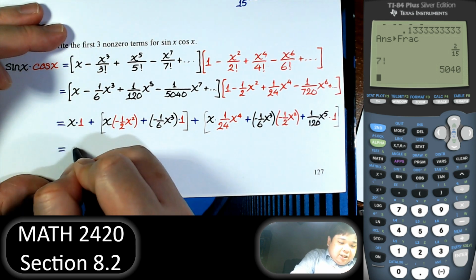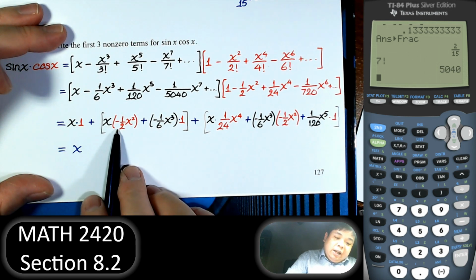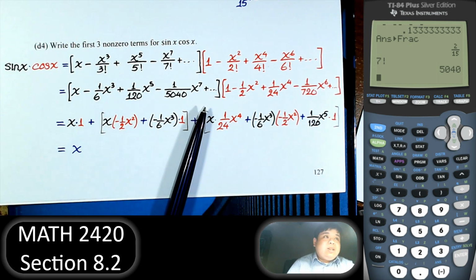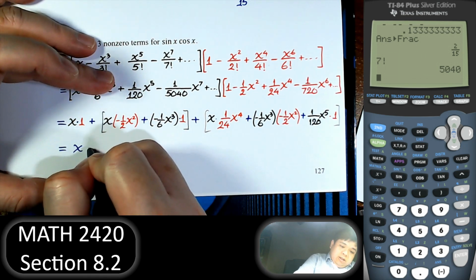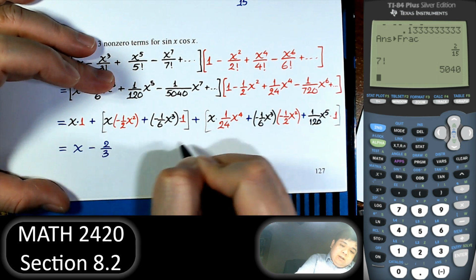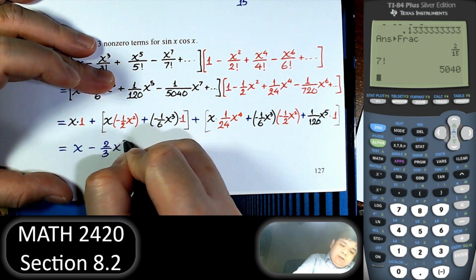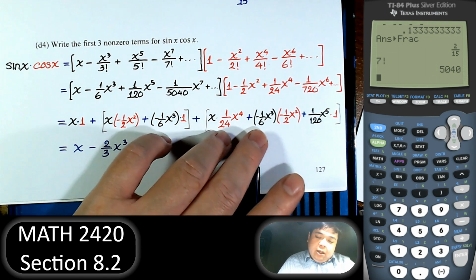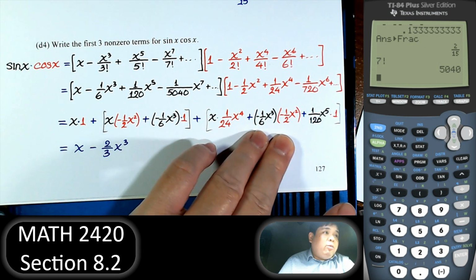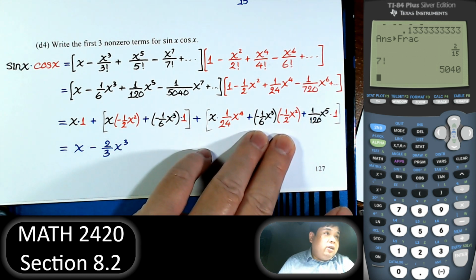Now this gives us x, negative 1/2, negative 1/6. What's that? Negative 1/2, negative 1/6, and that is negative 2/3 x cubed. And now this mess, 1/24, and multiply this, we have 1/12.